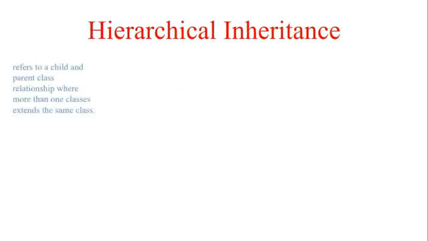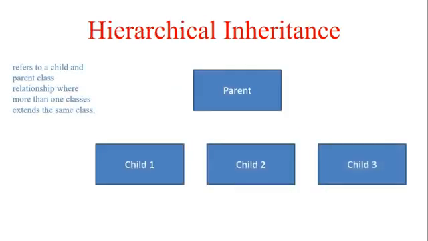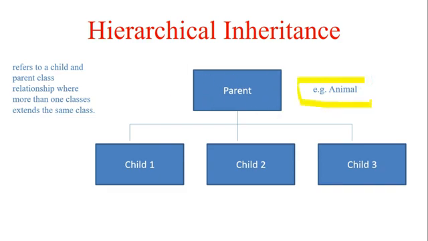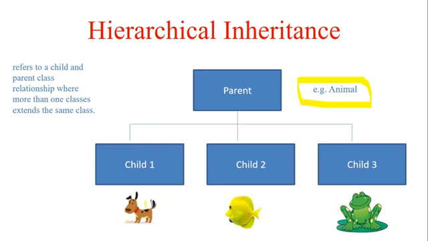The next is hierarchical inheritance. So what does that mean? It refers to a child and parent relationship where more than one class extends the same class. So I have child 1, child 2 and child 3 as subclasses of a superclass parent. For example, I have animal, so I can have 3 children: dog, fish and frog.